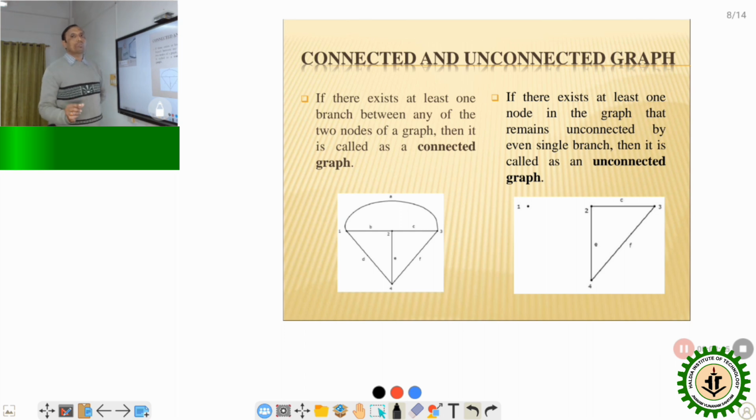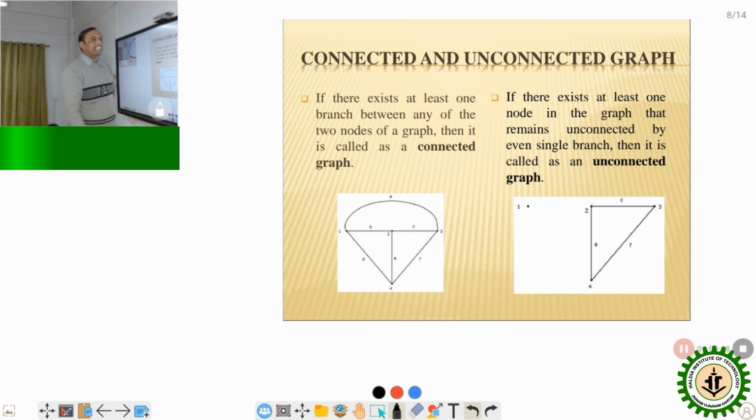That means no nodes will be isolated inside the connected graph; all nodes will be connected to branches. So the graph we have seen above is a connected graph, because no nodes are isolated and a branch is present between the nodes.